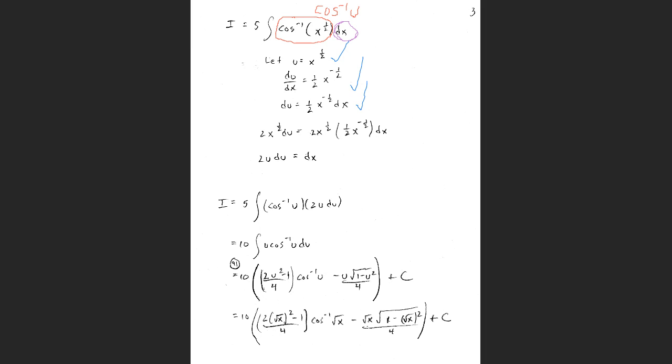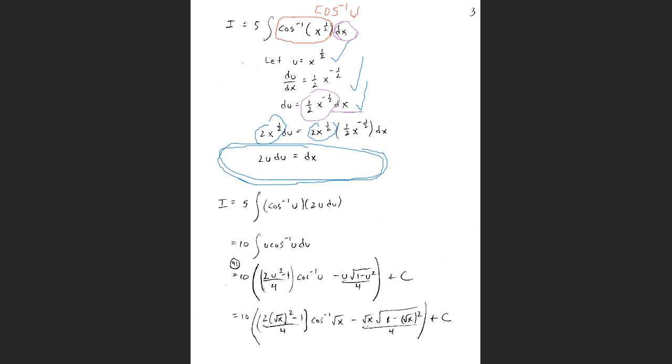Well, if I want to get the dx by itself, since I have a 1/2 times x to the negative half power there, I have to multiply both sides of this equation by 2 times x to the half to get the dx alone, so that dx is equal to 2u du.